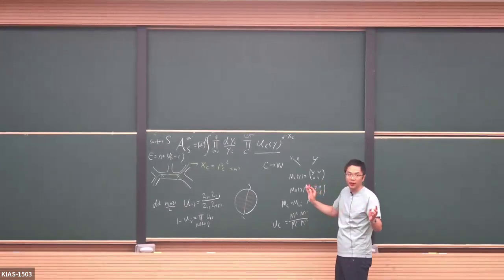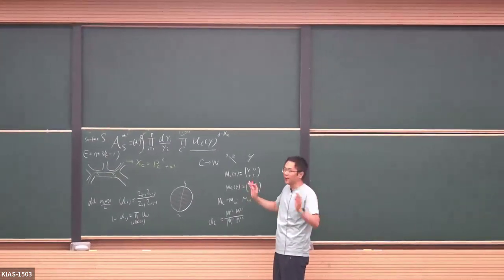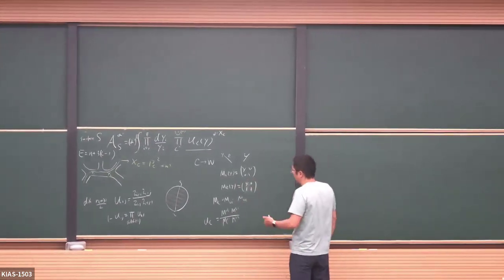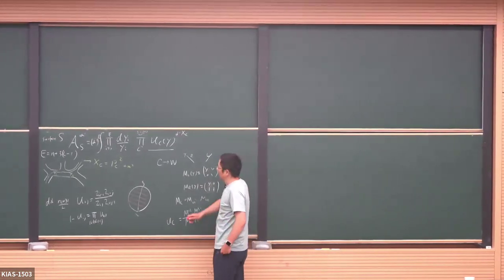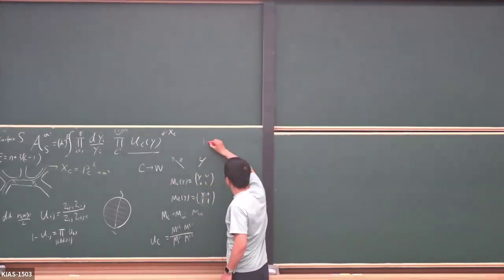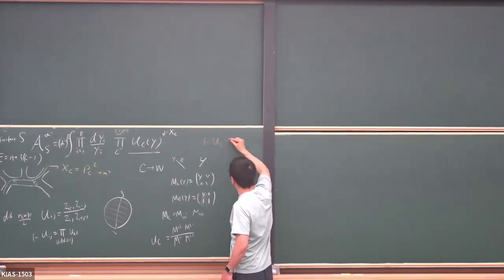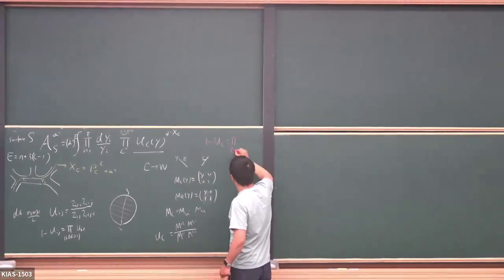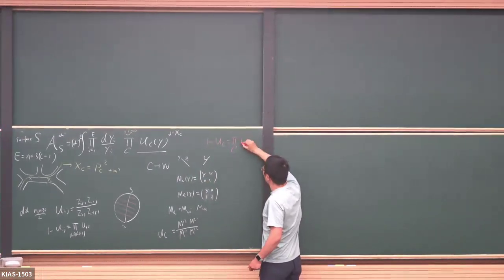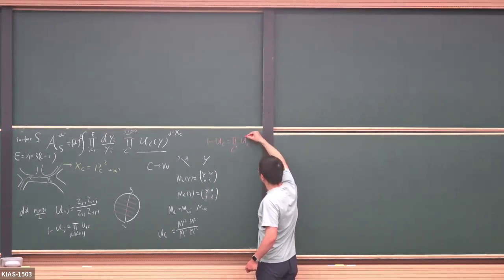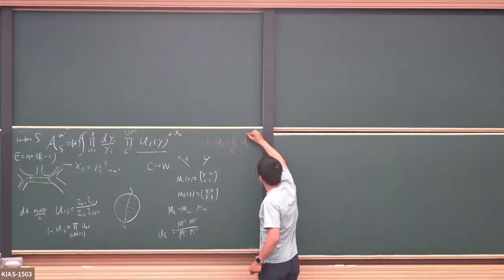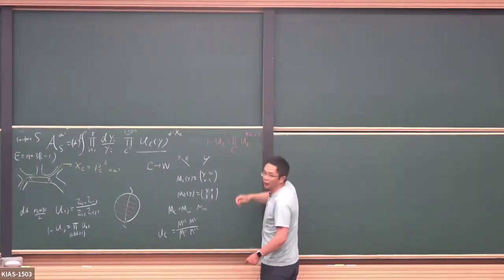That's the new thing that people realized in the last three years or so. And the U equations in general look like this: 1 minus any curve's U is the product over all curves raised to the power of the intersection number between the two curves.